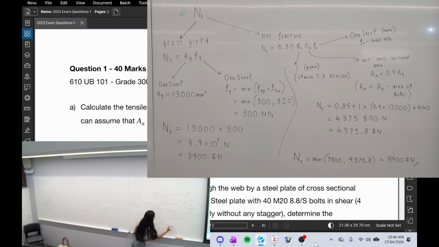So the minimum of 3,900 and 4,375.8. Obviously that would be 3,900, so this is going to be our tensile capacity for this section. And that's your answer for part A. Any problems, questions?